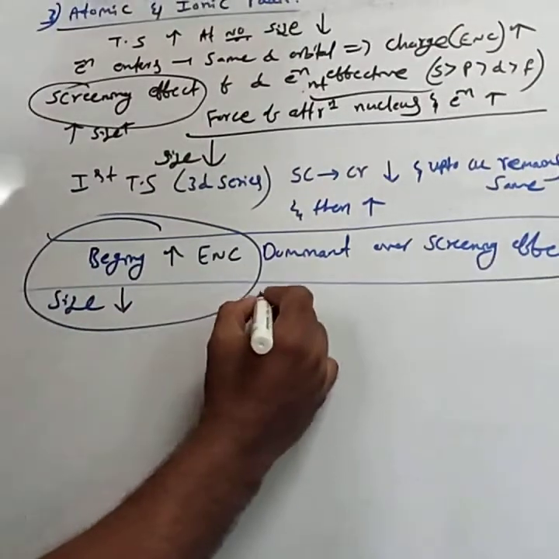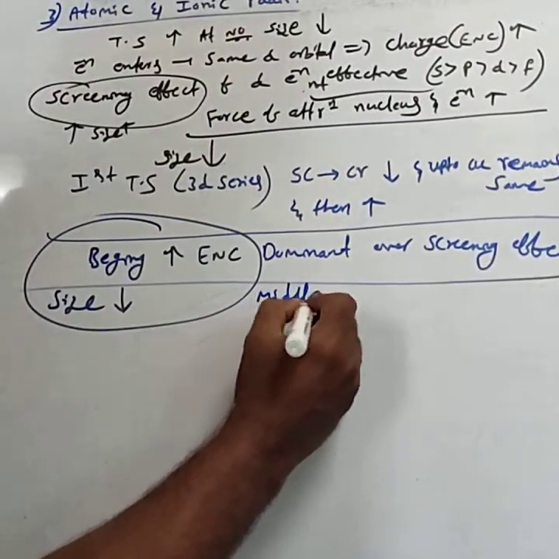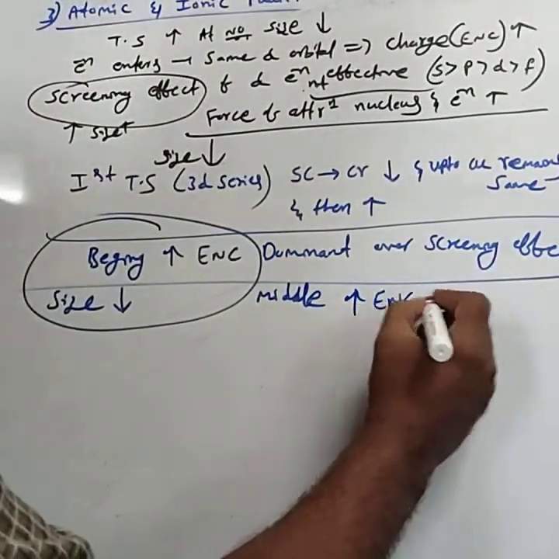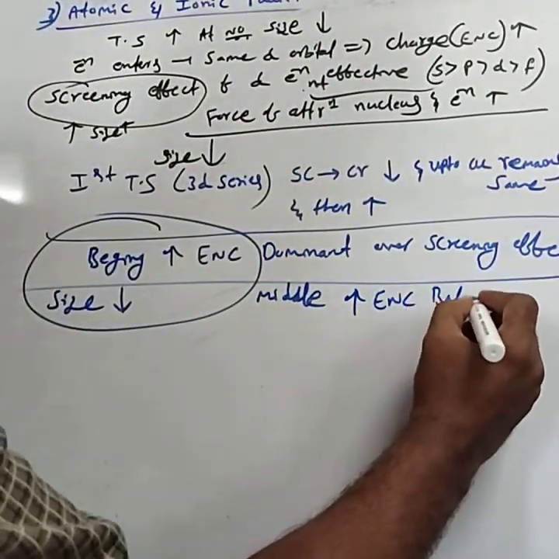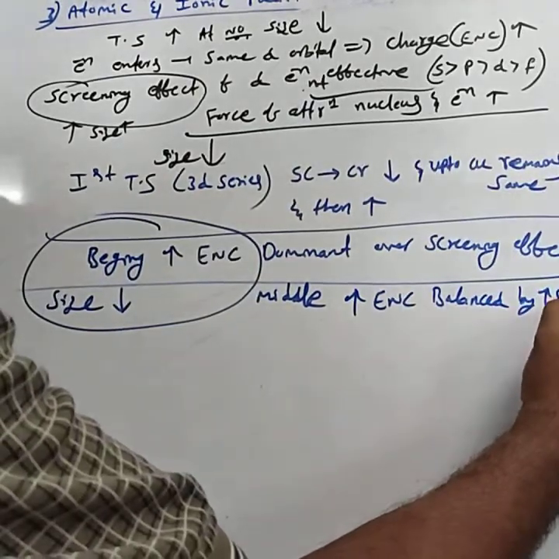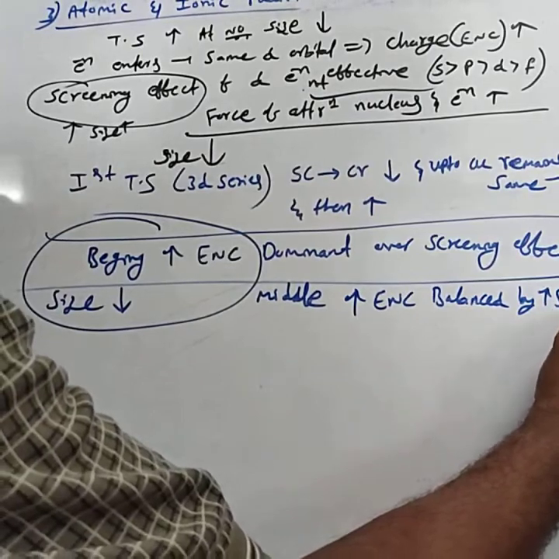Then, at the middle of the series, the increase in ENC is balanced by the increase in the screening effect.